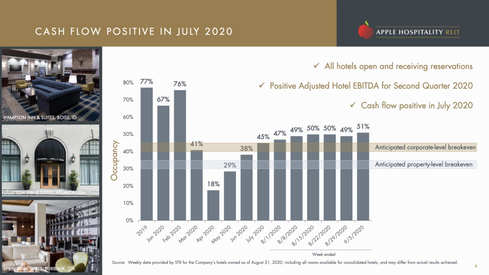But as you can see, only just compared to the previous occupancy levels, it's much lower, and it's still much lower. If you look at the occupancy level it is operating at, it's literally around 50%, whereas previously you can see it was 77, 76%. In 2019 was 77%, for example. So it is still way down, even though it is positive.